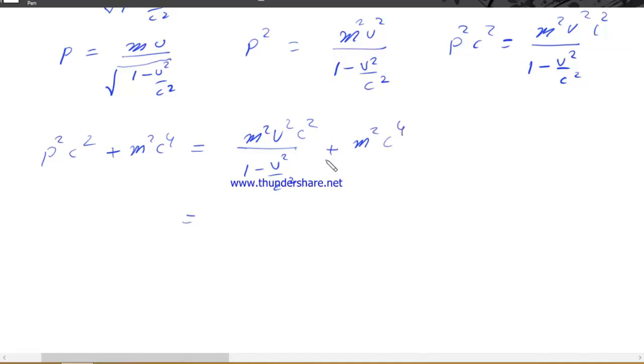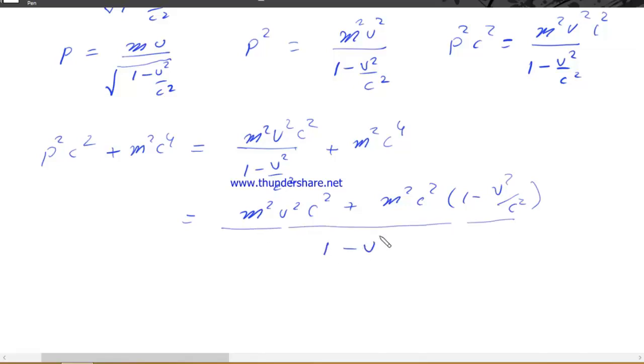Now we can simplify this as m square v square c square plus m square c square into 1 minus v square divided by c square, whole divided by 1 minus v square divided by c square.